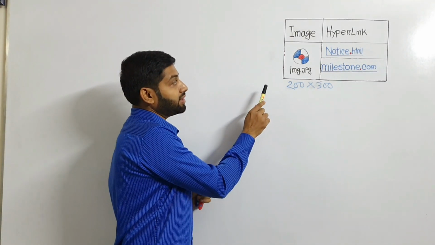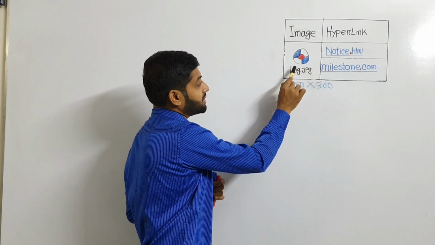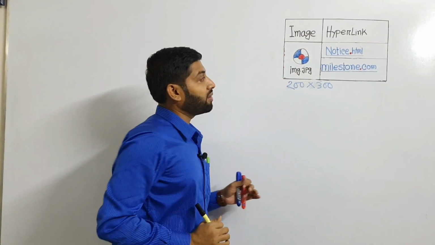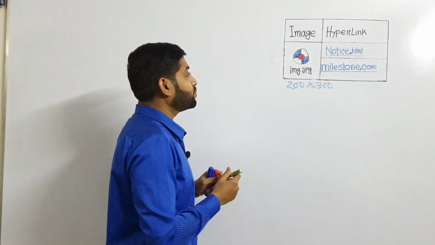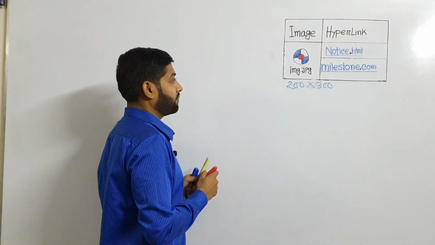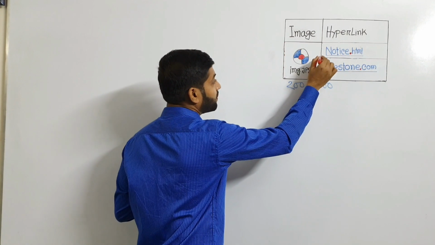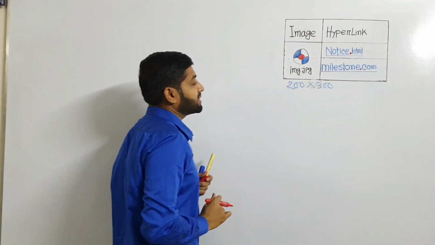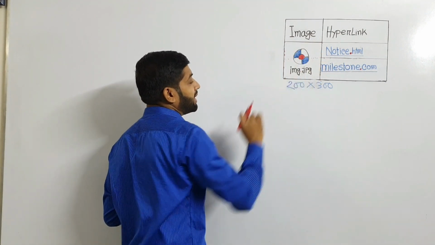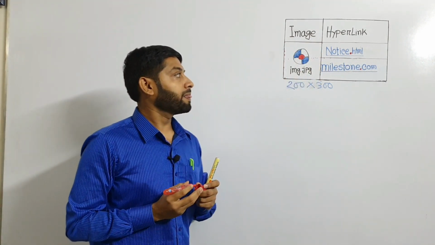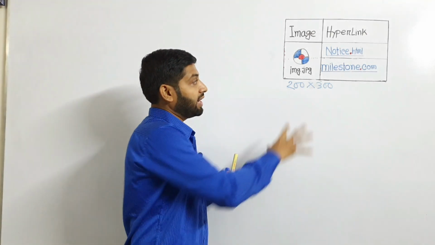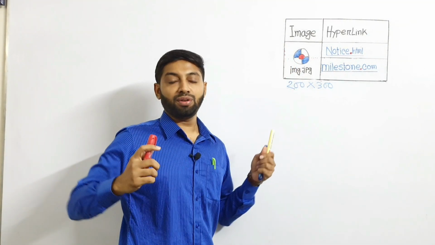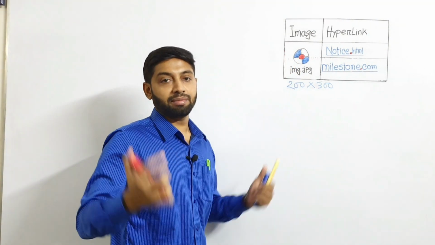In this table you see I add an image and this image takes two rows. If I put dot marks, then you can understand that this image takes two rows in this table. And I know you already have the basics of how a table is formed.